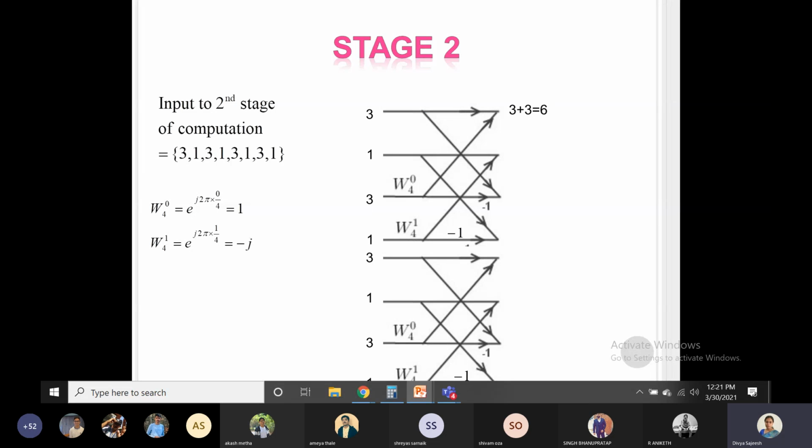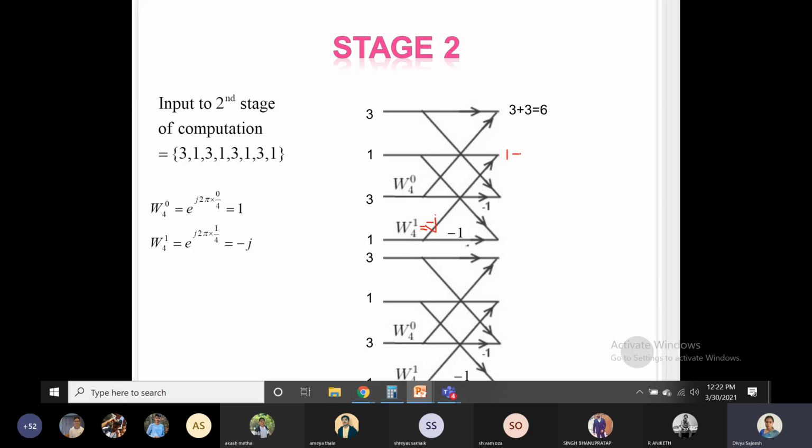Now what is the next input coming at the next terminal? Here it will be 1, coming as it is. Now what is the next path of the input? What is W4 raised to 1? We have found it as minus j. So 1 into minus j is minus j, and that will come here.